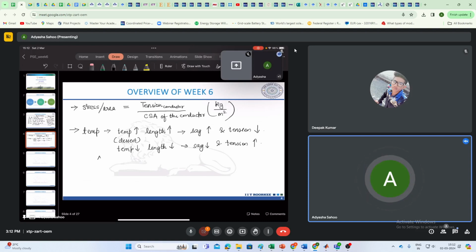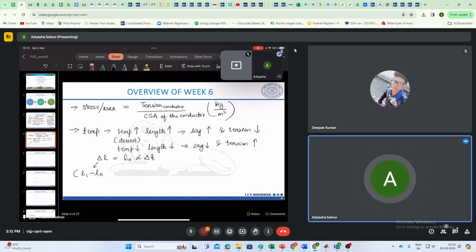If we calculate the change in length of the conductor with the change in temperature, delta L will be L0 alpha times delta T. Let's say at initial temperature T0, your length was L0, and at temperature T1, your length is L1.